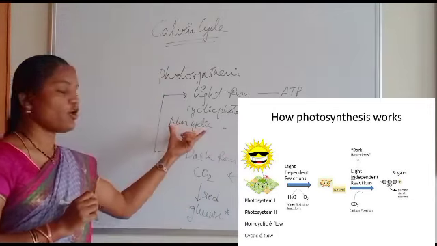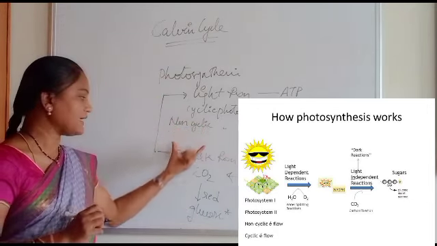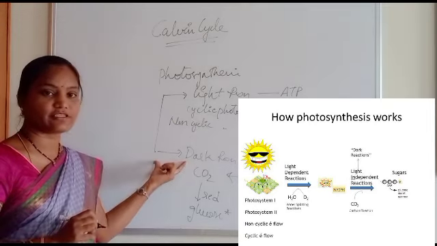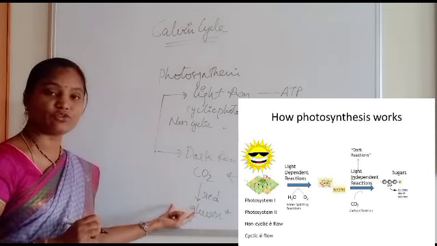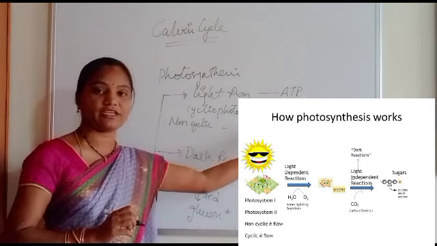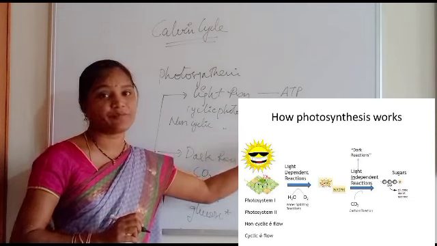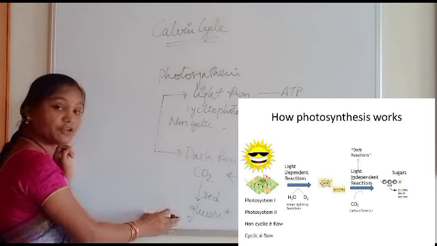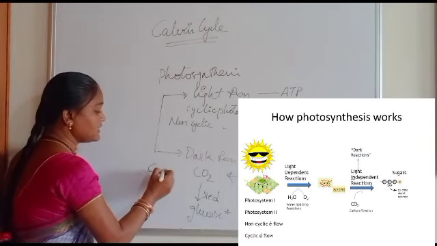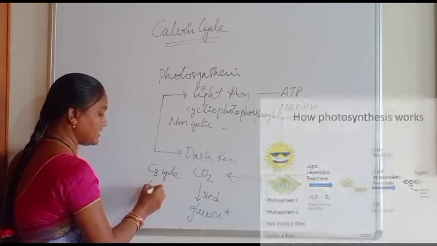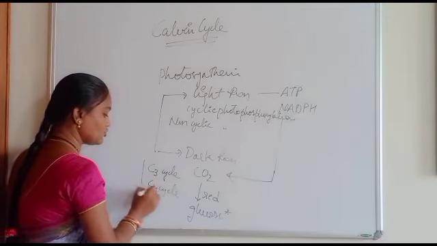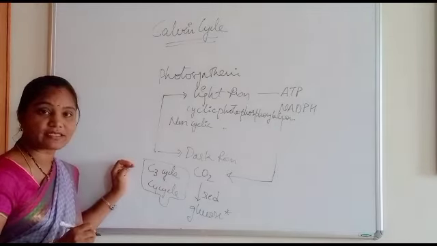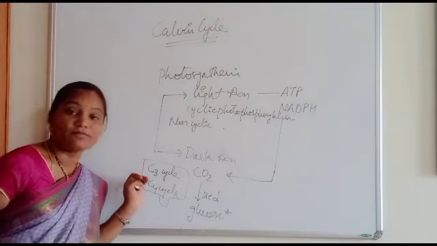Now in this video tutorial we will be learning about the dark reaction, how CO2 is reduced into glucose with the help of ATP and NADPH, the end products of the light reaction. This reduction of carbon dioxide into glucose is observed in the C3 cycle as well as the C4 cycle. In a series of video tutorials, we will be discussing the C3 cycle and the C4 cycle.